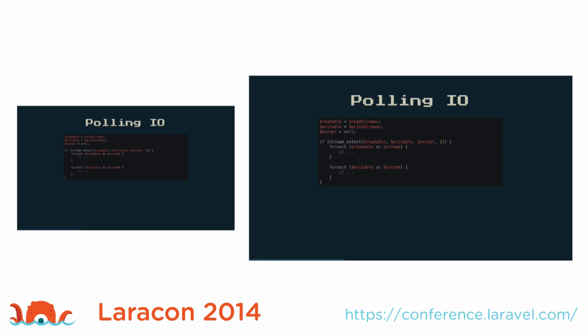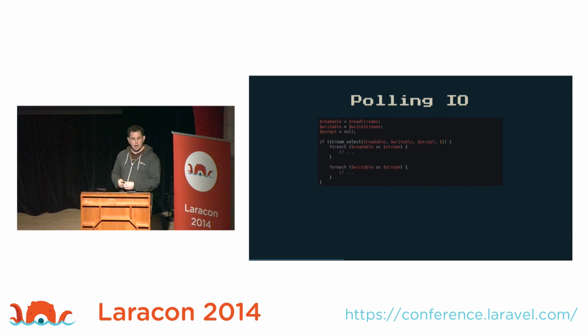When this returns, it will have blocked for 1 second, and then control comes back to us. The readable and writable arrays were originally whatever we sent in, all the ones we want to monitor. When this returns, the arrays now contain only the ones that are actually ready to be read or written to. This is the loop that an async PHP application would go through, or just a PHP application juggling multiple streams and trying to read and write to them.